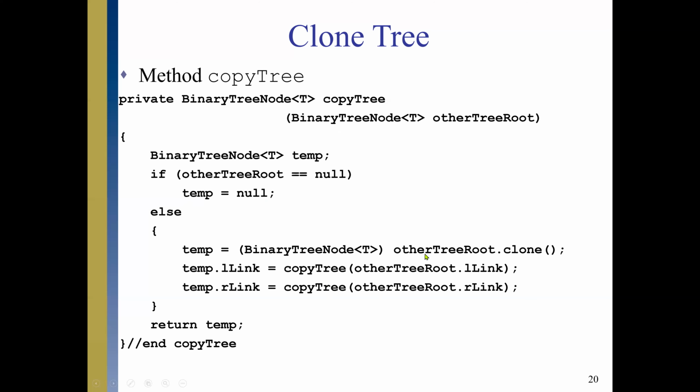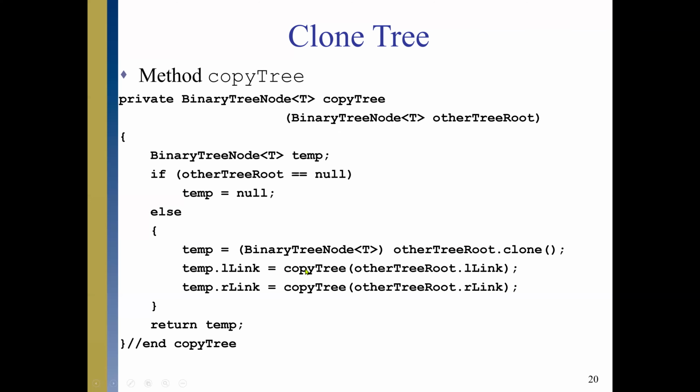Else, we assign the temp, which is the binary tree node type, and then we have otherTreeNode.clone. So we call the clone method to clone it. We will have this method in our code, and this method will make a copy of otherTreeRoot, and we will assign it to temp. Now we also need what? The left subtree and also the right subtree.